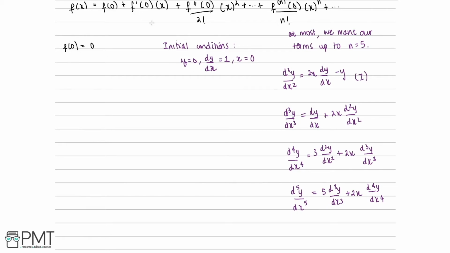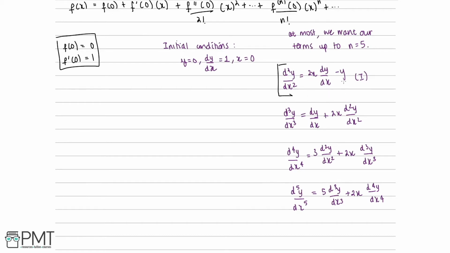f dash of 0, so the first derivative of f when x is equal to 0, will just be dy by dx when x is equal to 0, and that will be 1 using our initial conditions. Now we want to find our second derivative of f when x is equal to 0. Well, we can use our equation over here in order to find that out. We know that our second derivative of y is equal to 2x multiplied by dy by dx minus y.